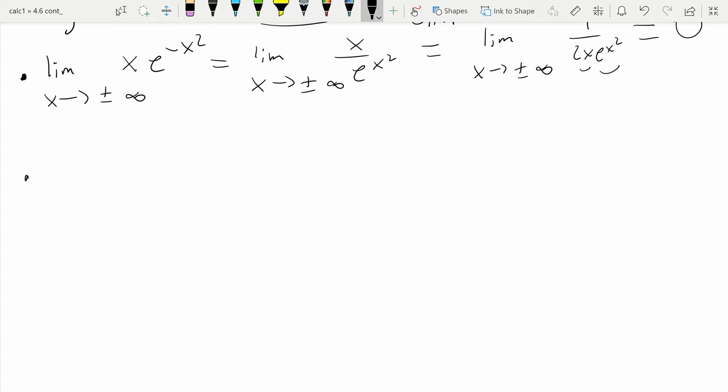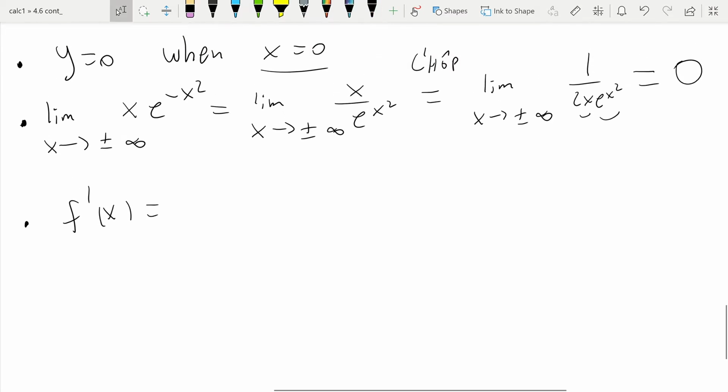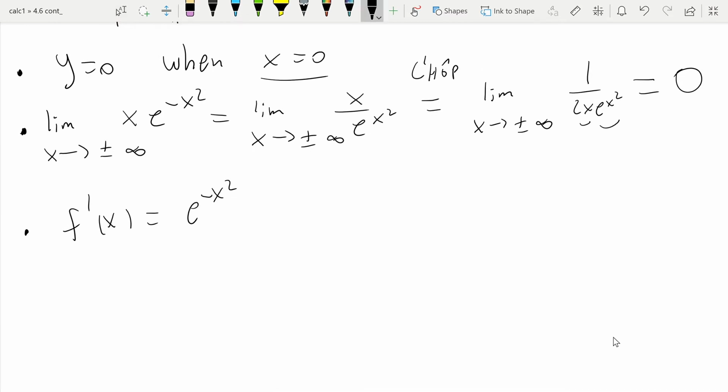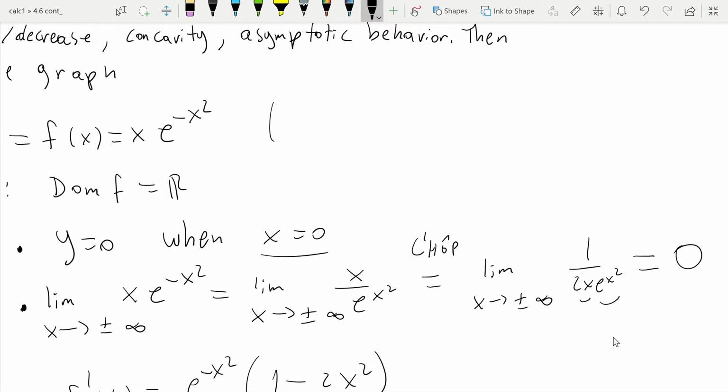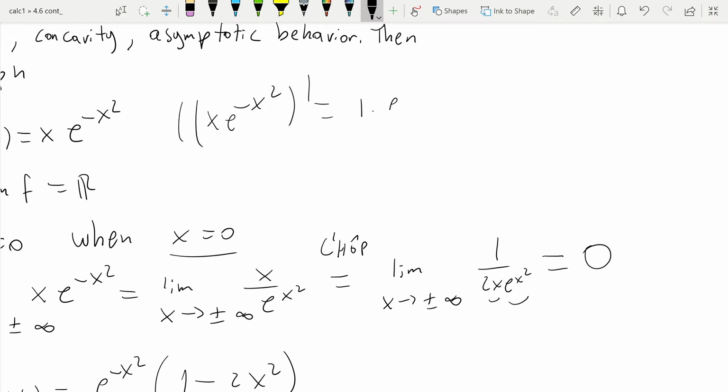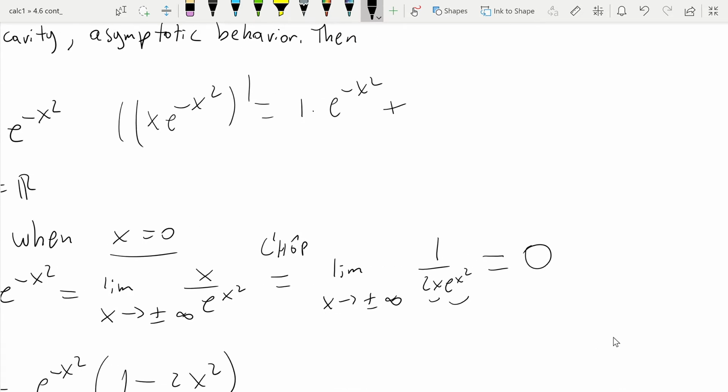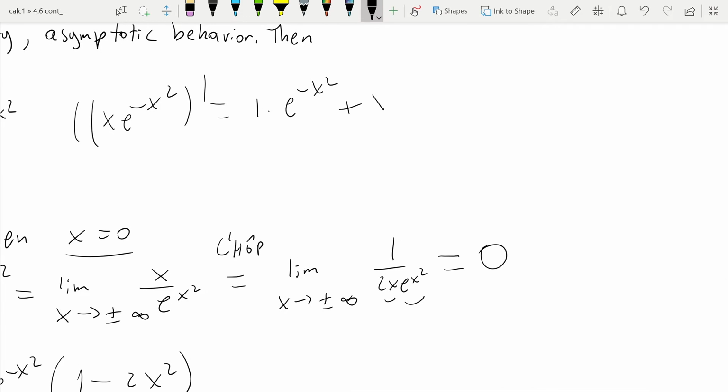Now we draw some information from f prime. So f prime is equal to, well, we use the product and chain rule to get that the derivative of f is e to the minus x squared times 1 minus 2x squared. So we simply take derivatives: x prime times e to the minus x squared is 1 times e to the minus x squared, plus x times e to the minus x squared times minus 2x.